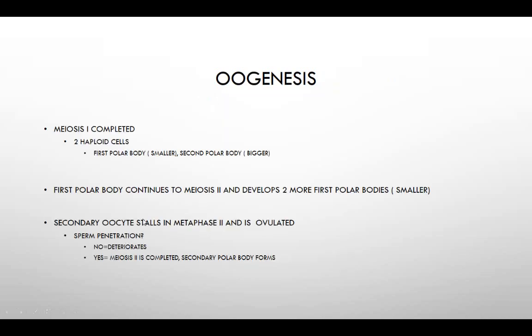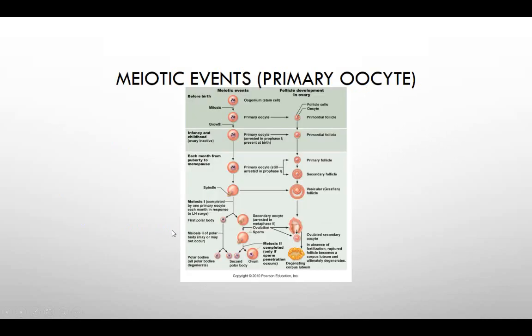The secondary oocyte stalls in metaphase 2 and is ovulated. Very important right here, okay? So it stalls in meiosis 2 right here. There's our secondary. It goes down, it stalls. Now, it is ovulated at that point. If it is not fertilized, it stays like this.